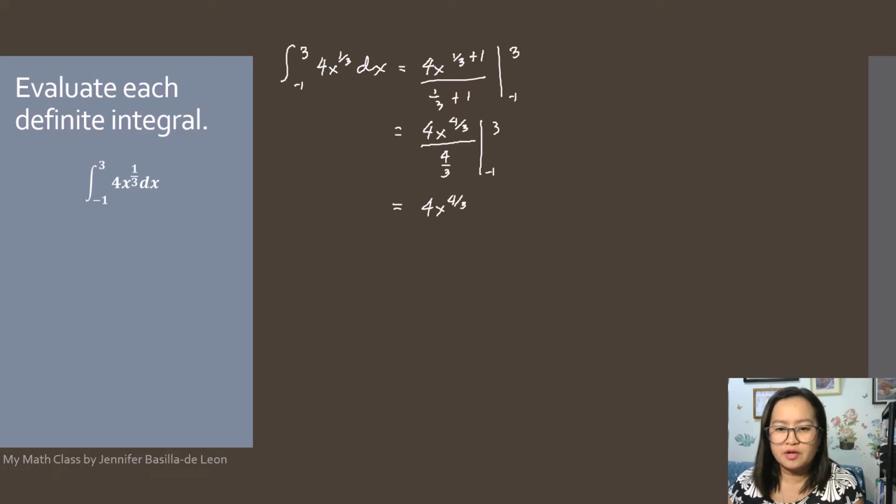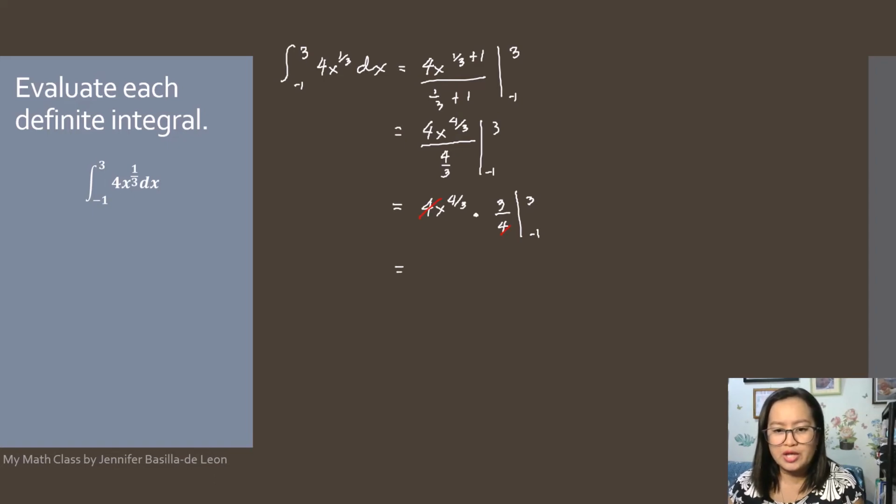Now to simplify the complex fraction, we need to change the operation to multiplication and then get the reciprocal of the denominator. Simplifying, we can cancel this 4.